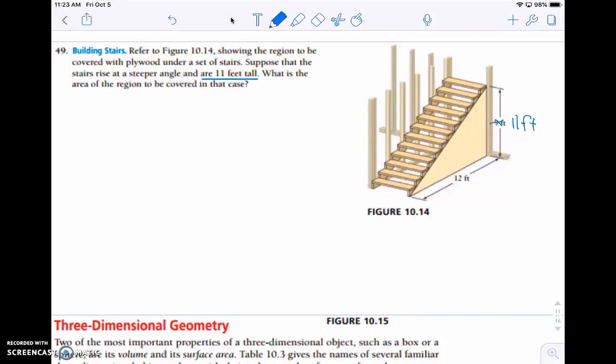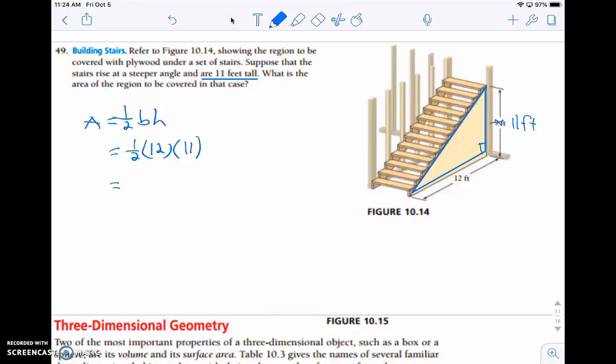So basically you need to figure out what's going to be the area you would need, as far as plywood, to cover up the bottom of that staircase. When you're finding the area of a triangle, it's 1/2 the base times the height. And we can assume that these stairs are built square, so that's going to be a right angle. So then you say 1/2 the base is 12 feet and the height is 11 feet.